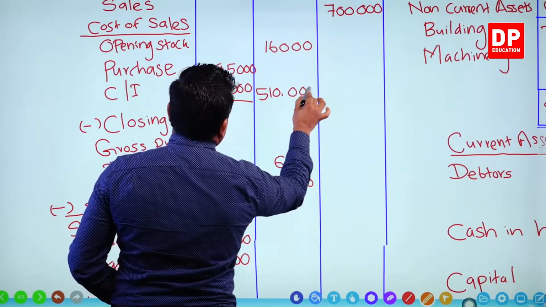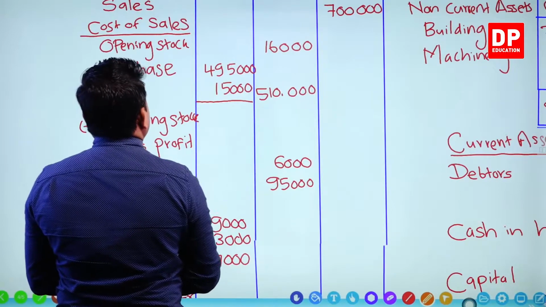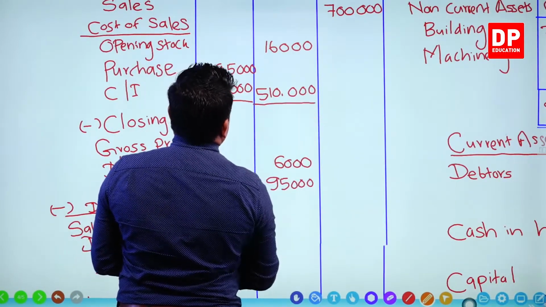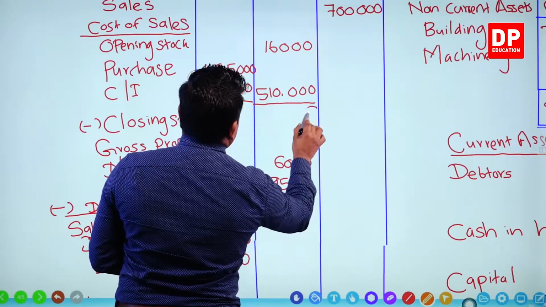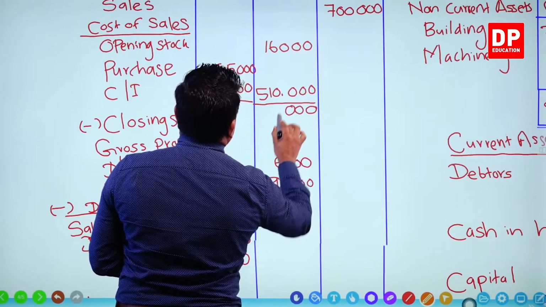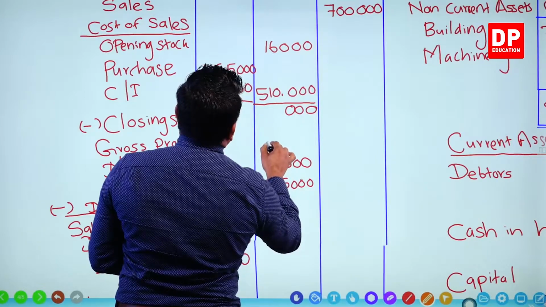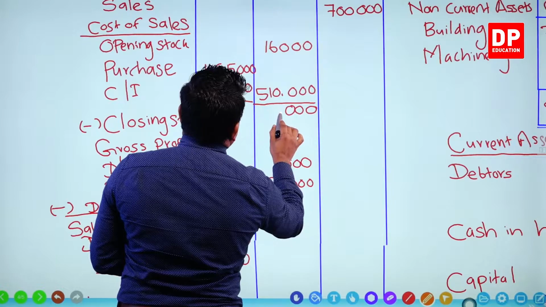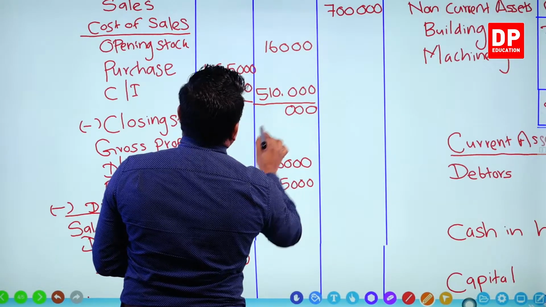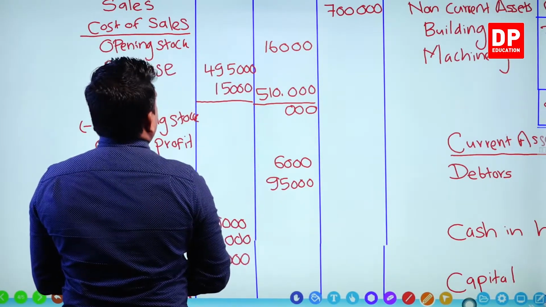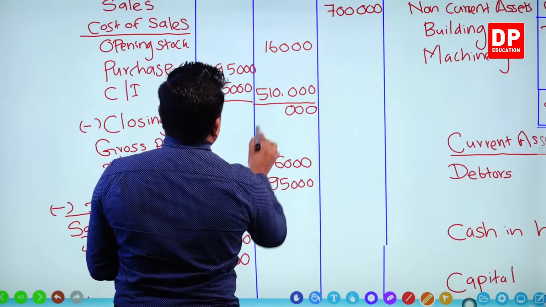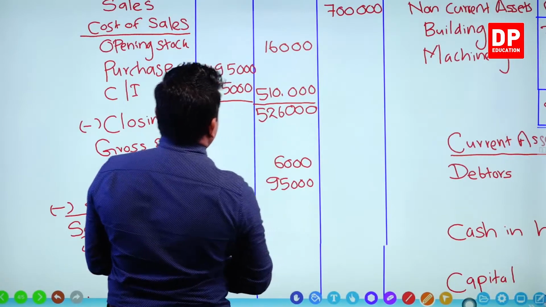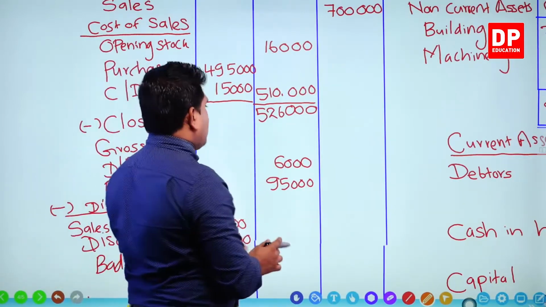Check is it correct or wrong, right? Then you add these two, 526,000.